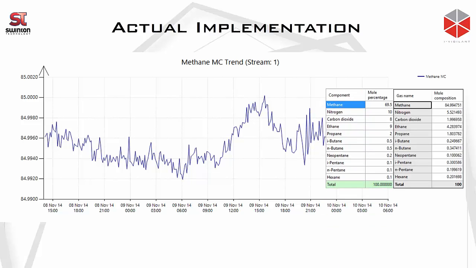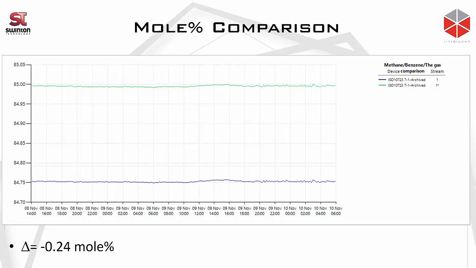So if the true mole composition has an average of 84.994, but we have a calibration gas at 69.5% on methane, here's going to be the result. We basically have a minus 0.24 mole percent bias on the methane component. So rather than reading 84.9%, it reads 84.75%.